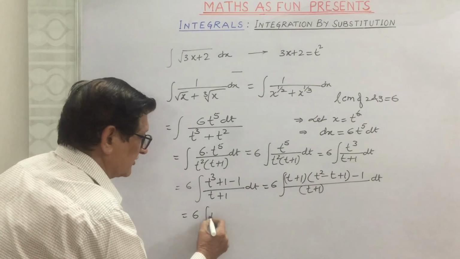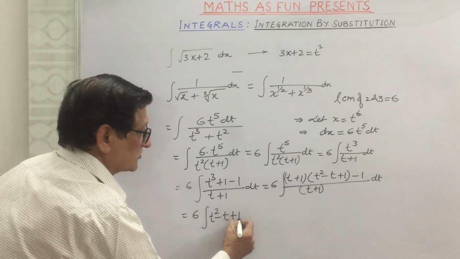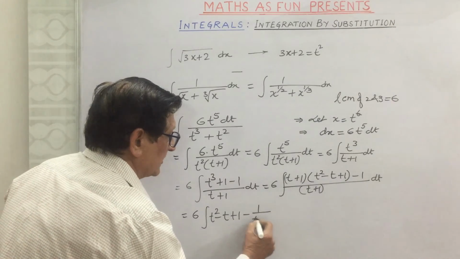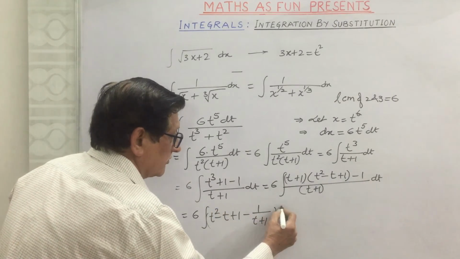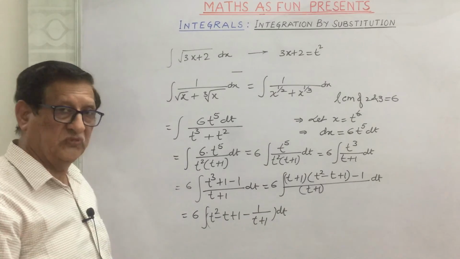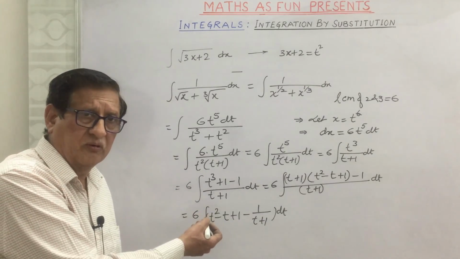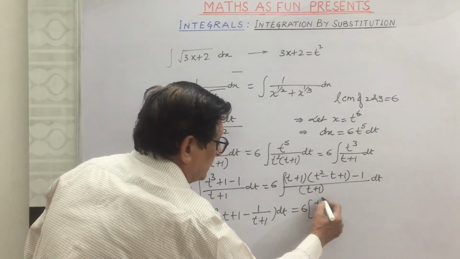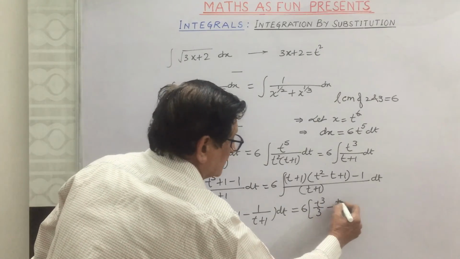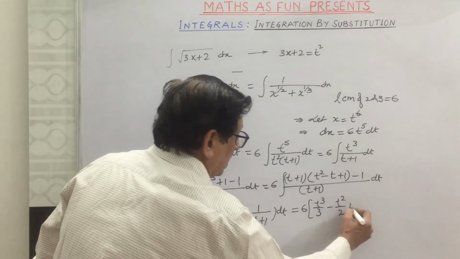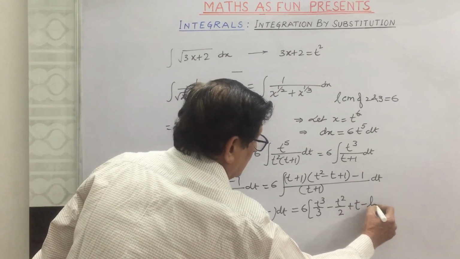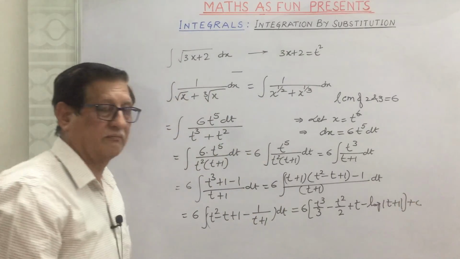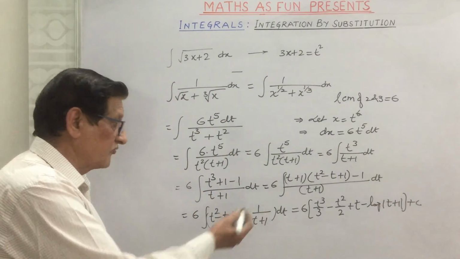So we will be left with t square minus t plus 1. And the second part we will have minus 1 upon t plus 1. This has been converted to the standard form, and we can write the integral of each part. This is t cube by 3 minus t square by 2 plus t minus log of t plus 1 plus c. Now we can substitute the values of t here.